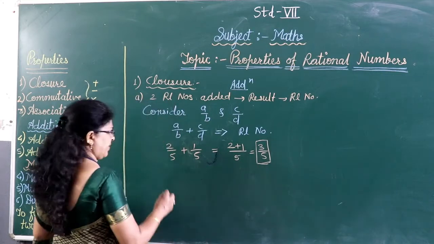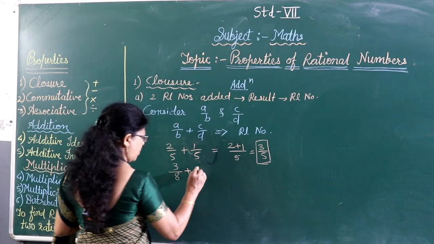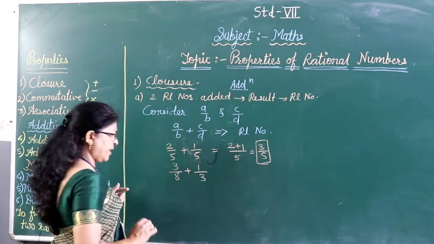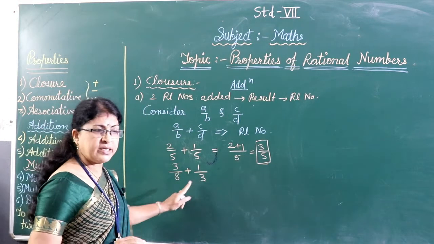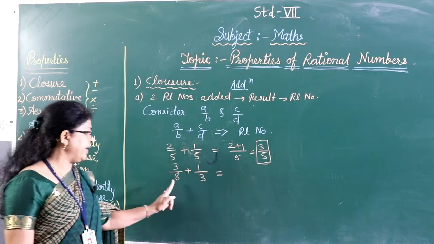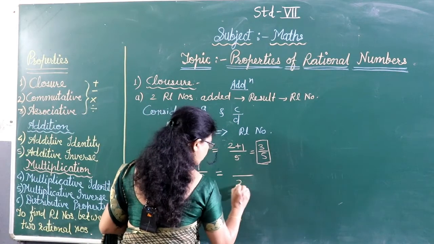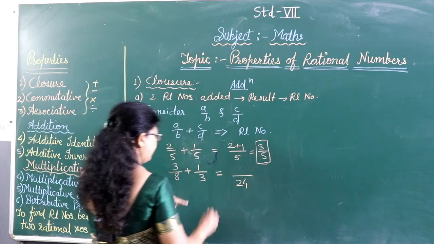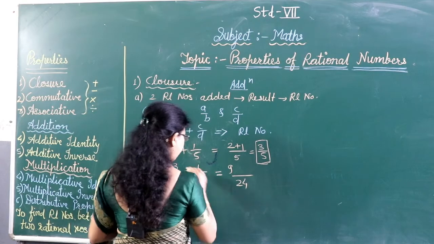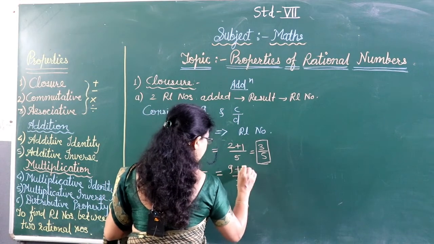One more example we can see. 3 upon 8 plus 1 upon 3. Now here the denominators are different, so what will we do? We will use the LCM method. We will find the LCM of these two. The LCM is the product of these two, 24, and then cross multiplication: 3 threes are 9 plus 8 ones are 8.